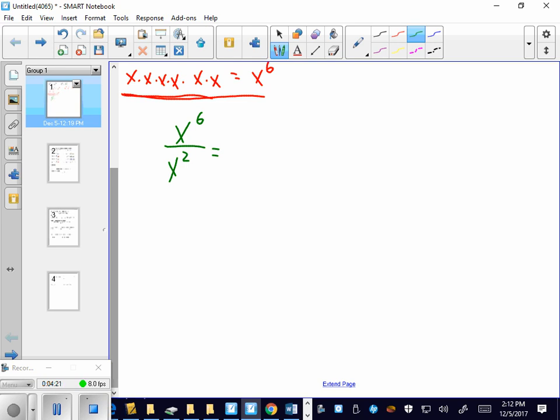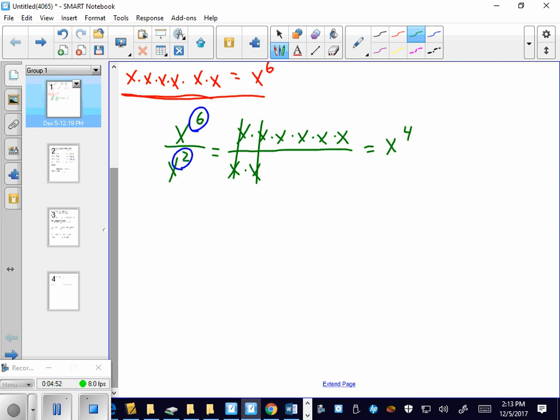Once again, the general idea is if I wrote that out, I would have 6 x's multiplied on top, 2 x's multiplied on the bottom. And when you start canceling them out, really dividing those two things together and getting ones, you're left with 4 x's on the top. So what you get is x to the 4th. So what you should see is what you're doing is you're really taking 6 and subtracting 2. Okay, rules of exponents. When you divide common bases, you subtract the exponents.